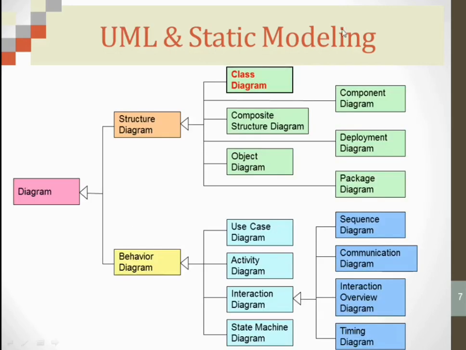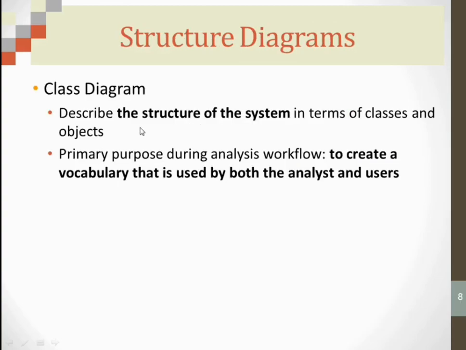As we see from the UML, today our topic will be under the class diagram, but we will learn some improved versions of the class diagram. So what's the class diagram? I don't want to go into any details of the class diagram, just an overview.